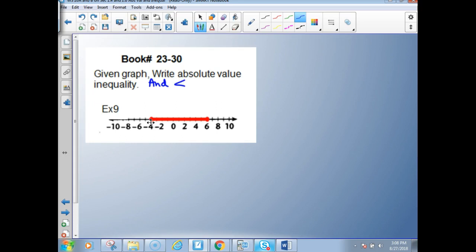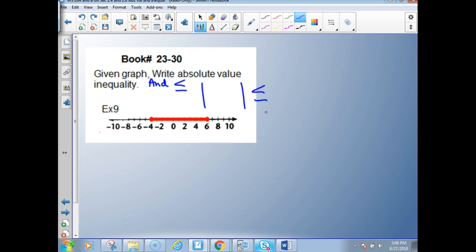And then you see how these are shaded at the ends? There's a solid dot. That would mean it's including. So it'd be less than or equal to. I'm trying to write one of these, and it's going to say less than or equal to, and then I'm going to have a number over here. So let's think about how we might figure this out.